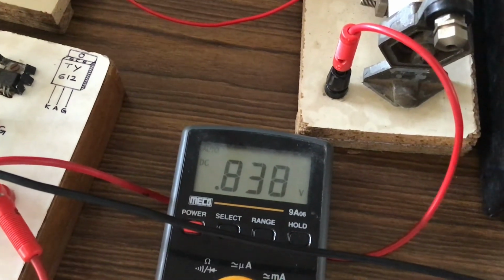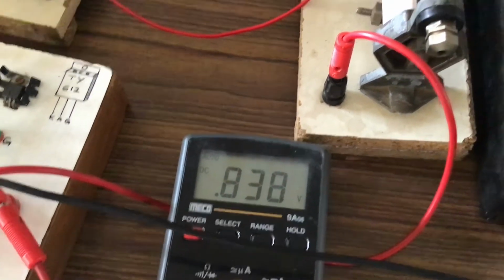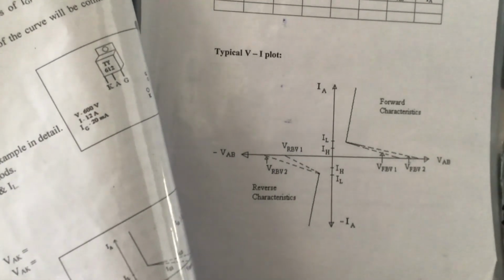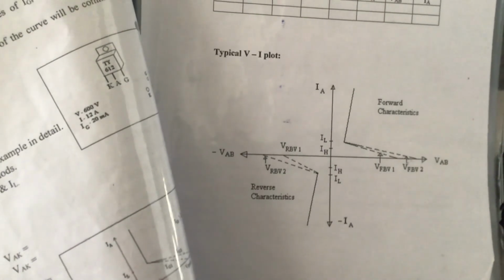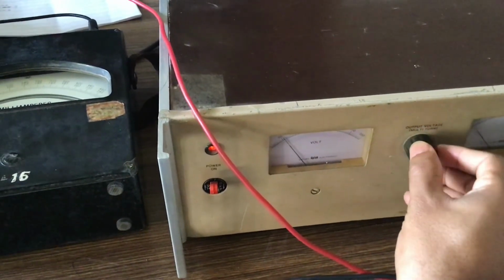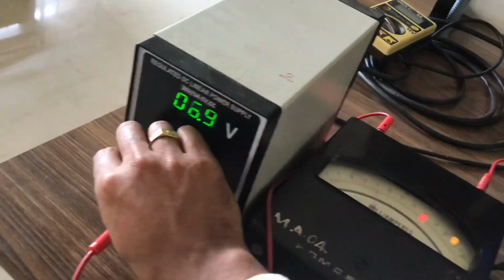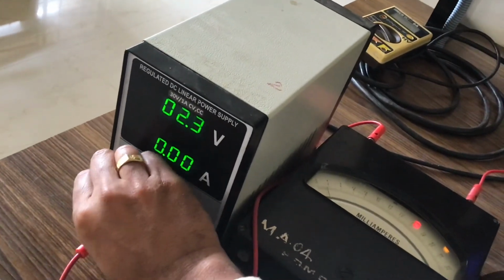Once you note down the readings, you have to plot V versus I. You have to plot this graph. That's all about this experiment. Once you complete this, the reverse procedure is to decrease this, and decrease this also to 0.